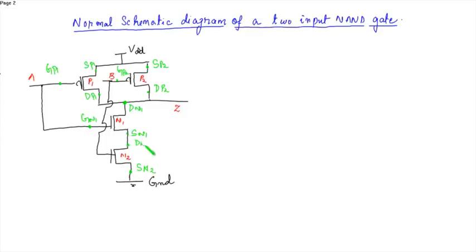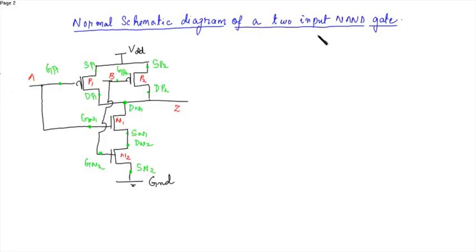This is the drain terminal of N2. This is the gate terminal of N2. Okay. So this is the normal schematic diagram of a 2-input NAND gate.